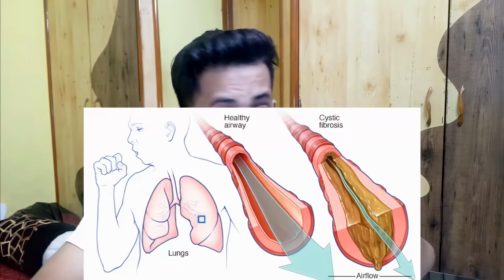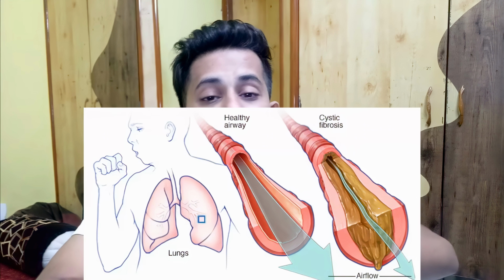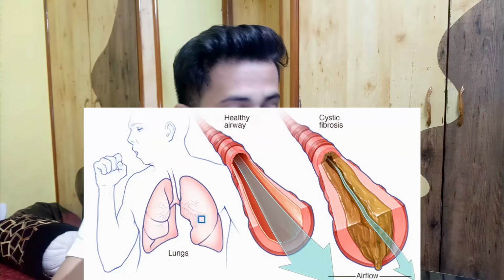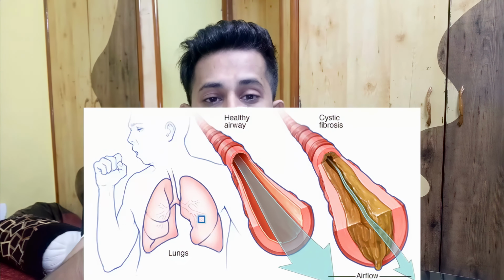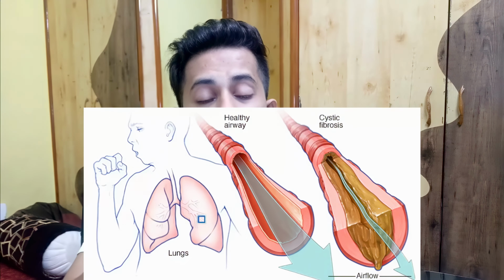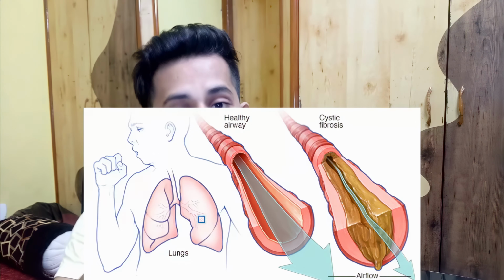So as a result, what happens in the lining of lungs, intestine, kidneys, etc., now that we do not have water, the mucus lining of those cells will just be a thick mucus. The outer lining will just be a thick mucus without water, and that thick mucus is caused by the inefficient working of the chloride channel, and this condition is what we refer to as cystic fibrosis.